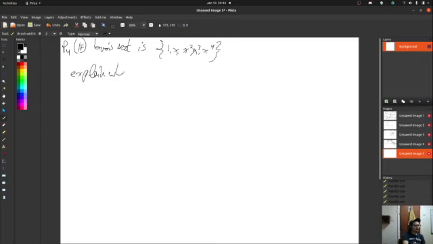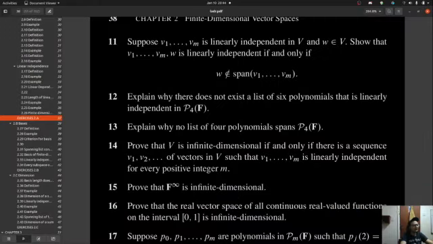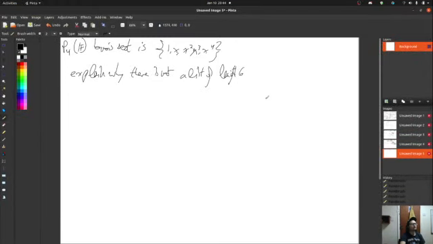Explain why there is not a list of length 6 of polynomials that is linearly independent in P4(F).